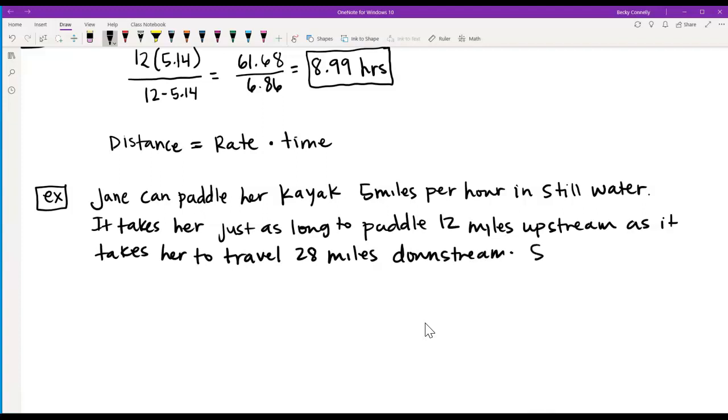Okay, and we want to determine the speed of the current.